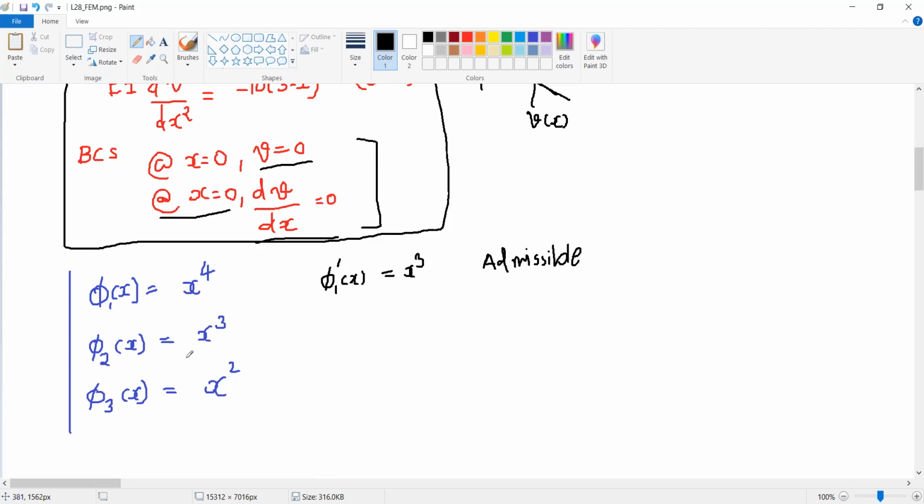What about phi2 of x? I have chosen phi2 of x as x raised to 3. So what is the derivative of phi2 of x with reference to x? I'm sorry, it is 3x square.